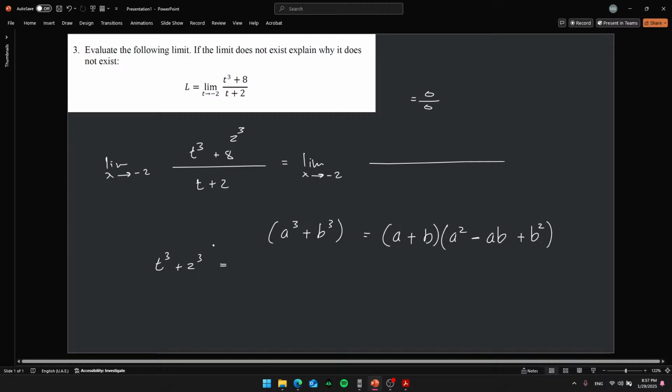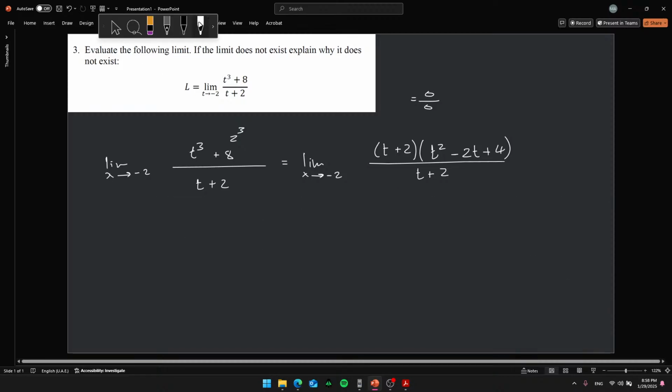If you apply this to our example, you'll get t plus 2 multiplied by t squared, switch the sign, minus 2t plus 4, right? So t plus 2, t squared minus 2t plus 4, and the denominator t plus 2. Now we can clearly say that we can cancel t plus 2.